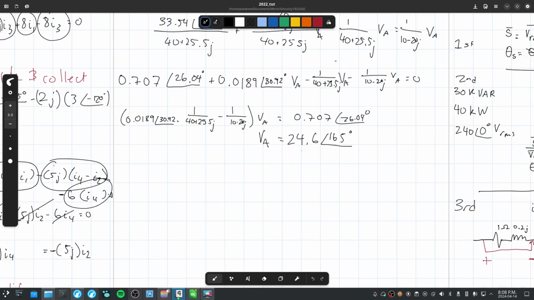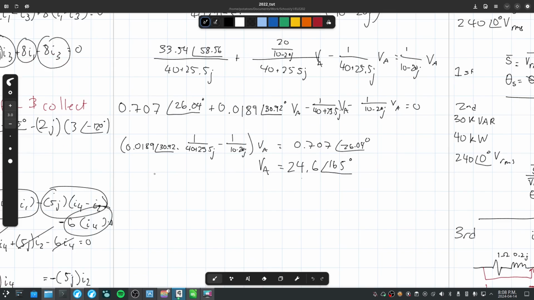Yeah, okay. So this is our VA. I'm trying to check if I made an addition error in my previous math, because it's giving me a different answer.